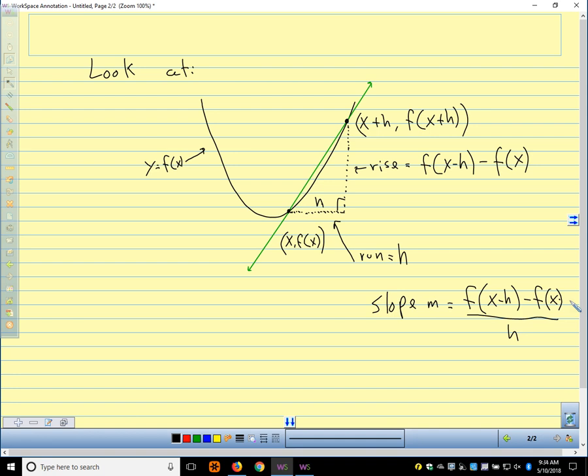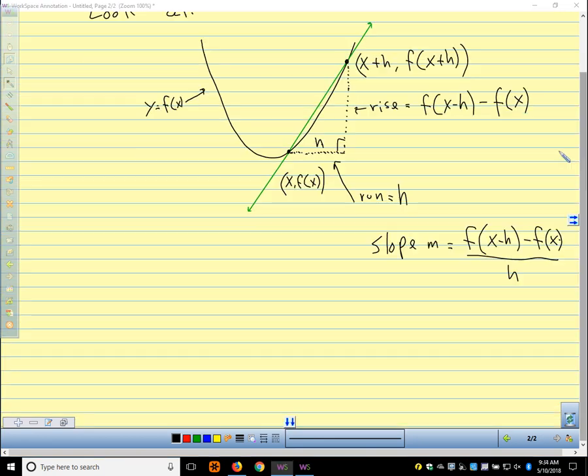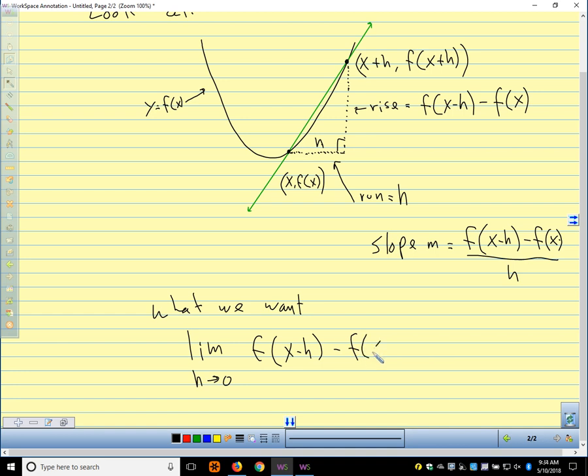So at the point we're interested in, we're interested in these things getting close to each other. We want the limit as h approaches 0 of this quantity, f of x minus h minus f of x over h.